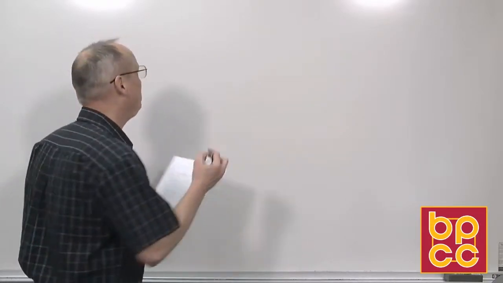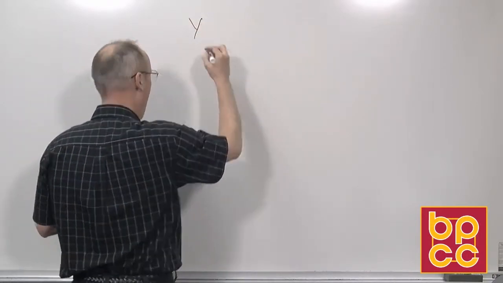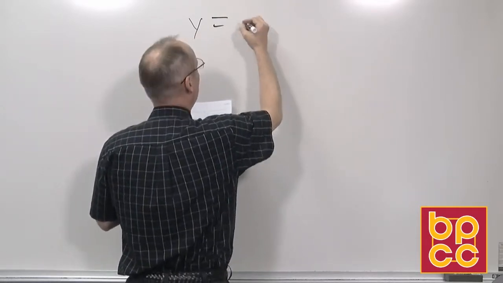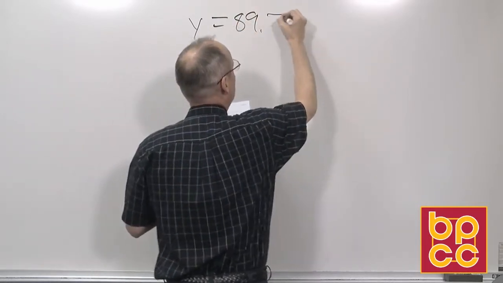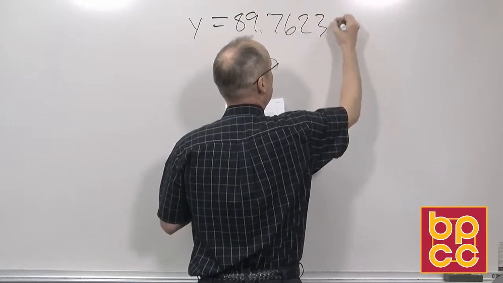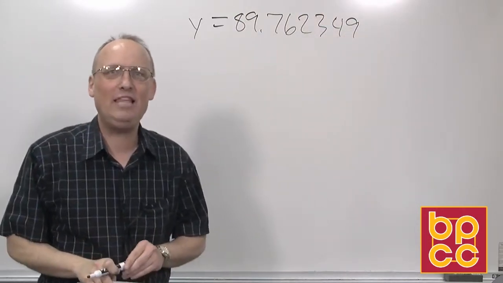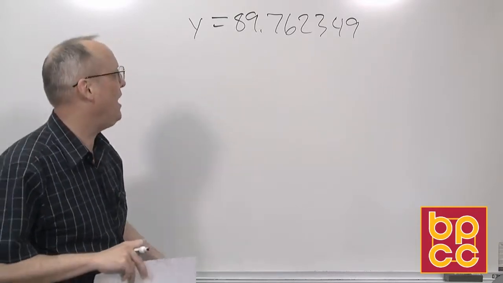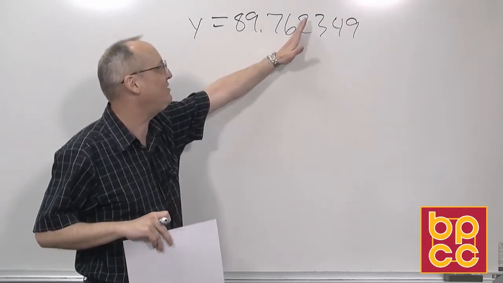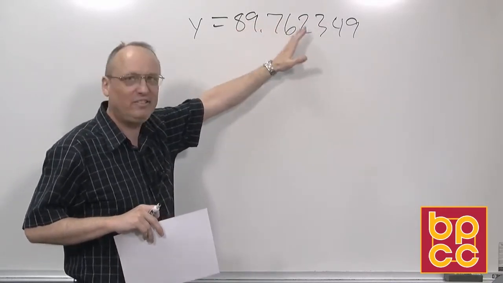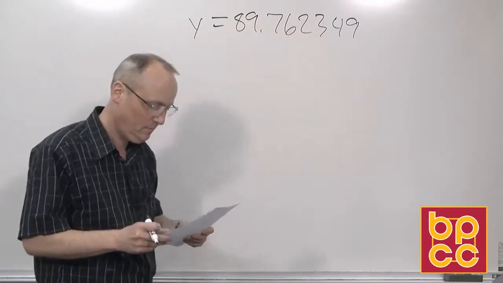Let's say, for instance, we have a variable y, which is equal to 89.762349. But when I display this, I only want to display the first two decimal places right here. So I just want to display the 89.76.